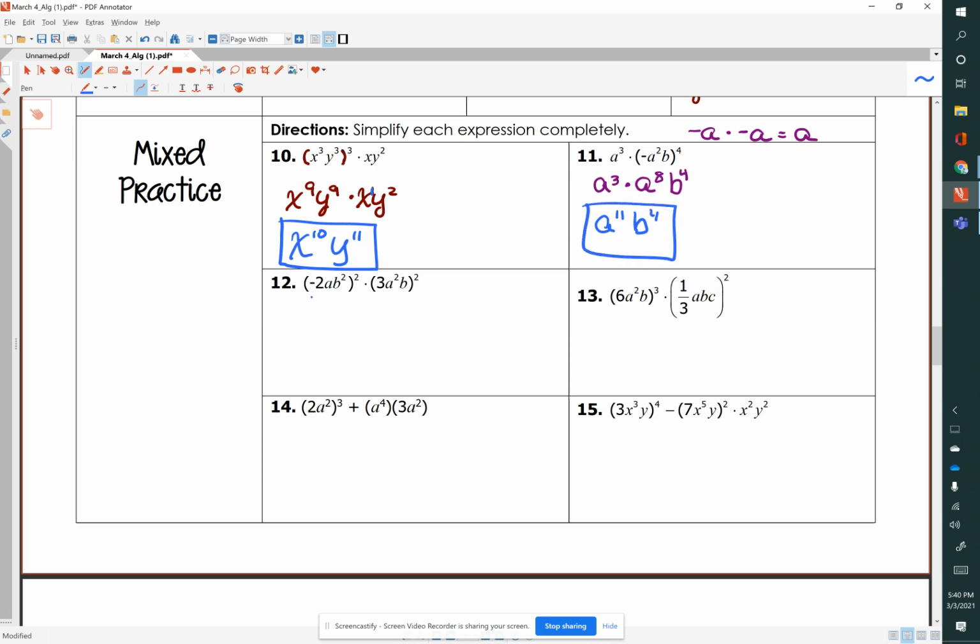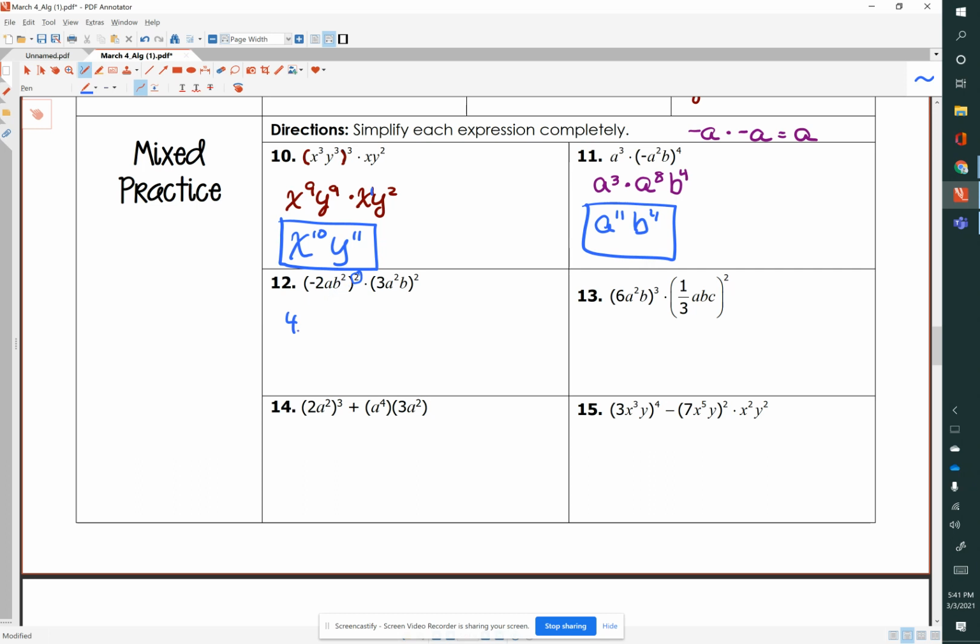Okay, number 12, -2ab squared, all of that raised to the 2nd power, times 3a squared b, all of that raised to the 2nd power. So -2 squared is +4.